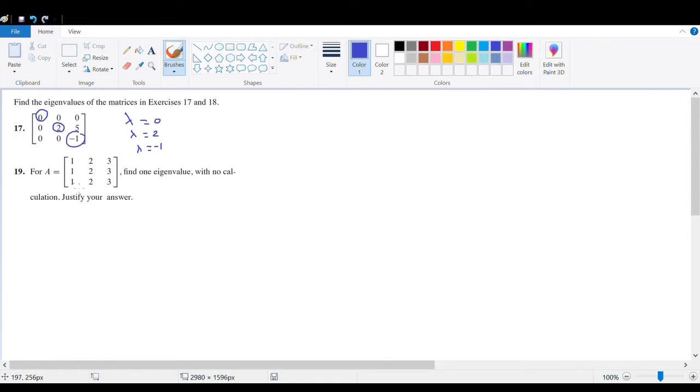We can find the first column by subtracting this one and this one, and so on. So the columns are linearly dependent, that means A is not invertible. If A is not invertible, that means 0 is one of the eigenvalues.